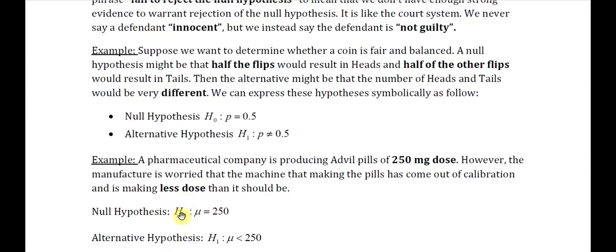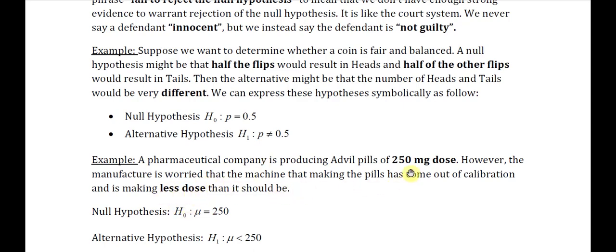The null hypothesis, again, always involves the equal sign. In this case, we are talking about milligrams, or the mean of something, so it should be mu. This is the mean. The claim is saying that it has less dose than it should.